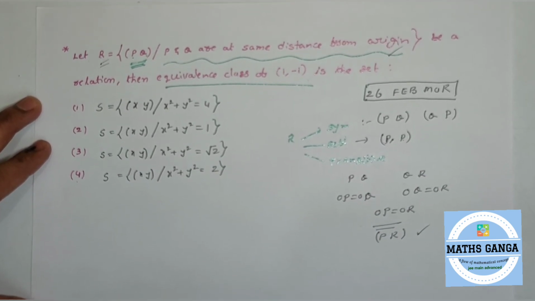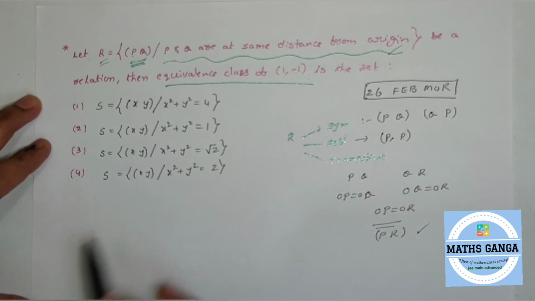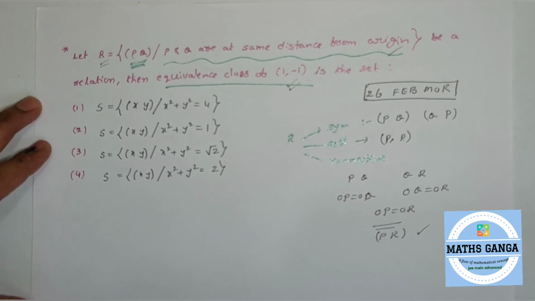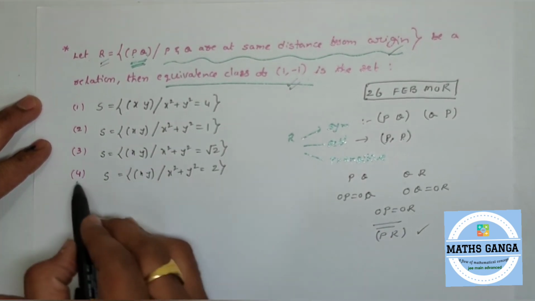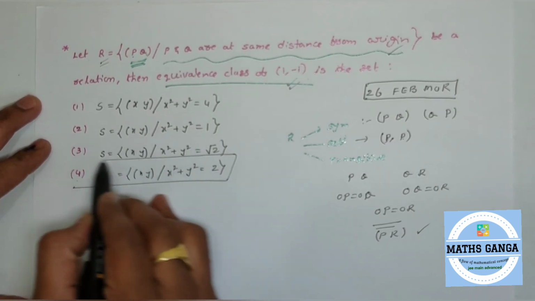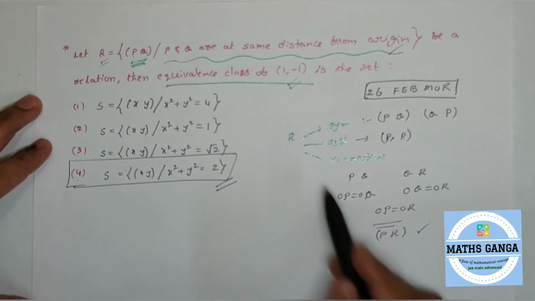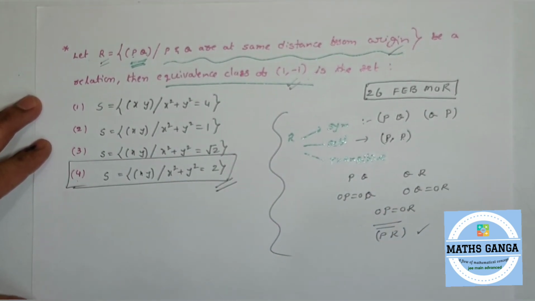But the question is about finding the equivalence class of 1 comma minus 1. With that property, we need to identify the set which contains 1 comma minus 1. Among the options, only the fourth option satisfies the given point 1 comma minus 1. So that's your answer. Actually in the exam, there is no need to check whether it is an equivalence relation or not.